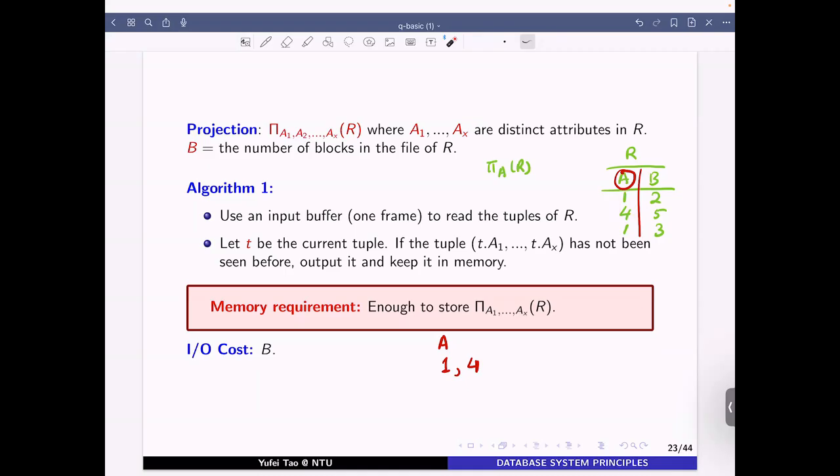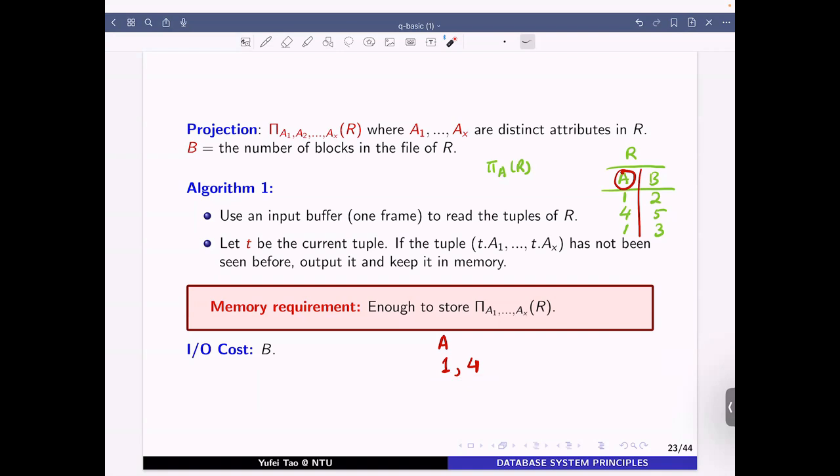Now continuing, the next tuple is 1, 3, and then we look at this 1. Again, we ask the question, have we seen it before? Well, the answer is yes, because you have this 1 here. These values 1 and 4 are sitting in the main memory, so this is basically just CPU time, and there's no I/O cost here.